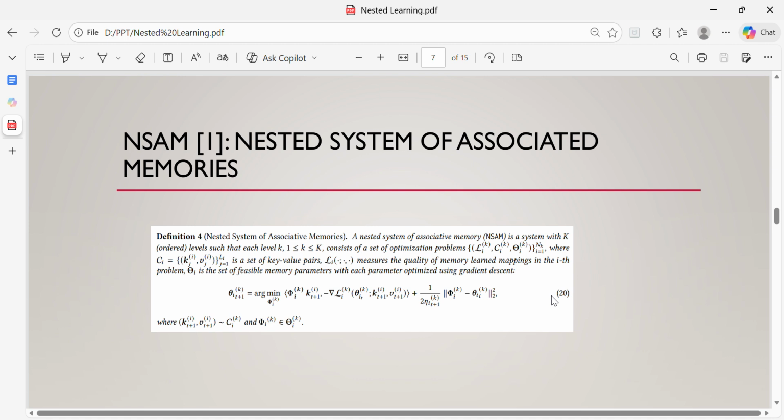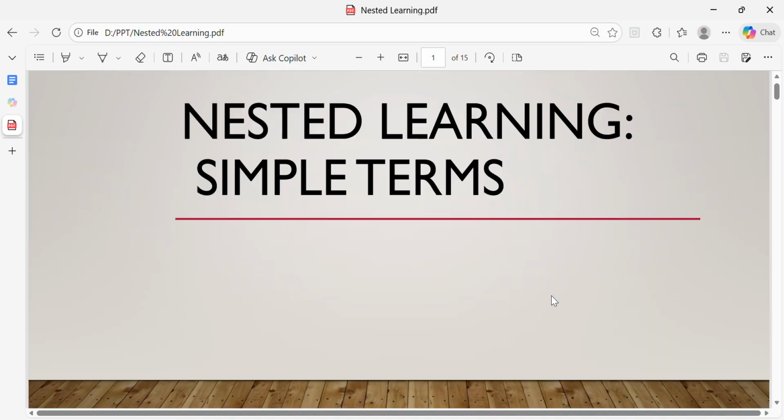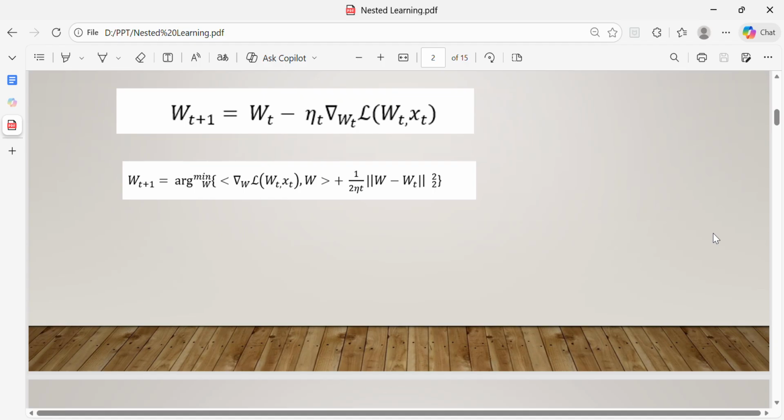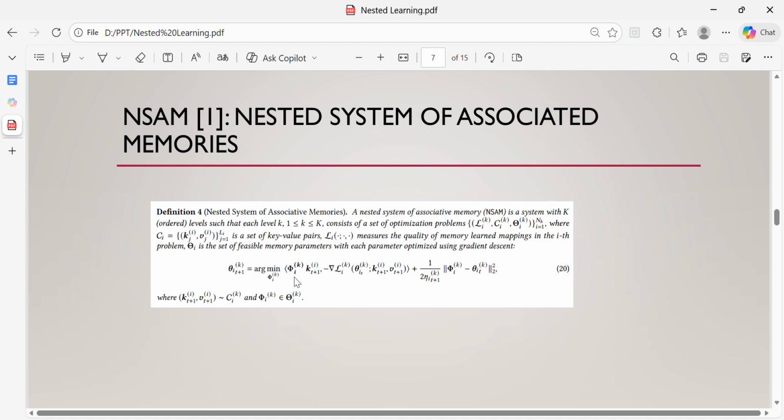That is the parameters. And the update rule is given like this: Theta_i^k at time t+1, here time also comes at the kth level, is equal to the definition that was there. I described it to you before also. It is here. If you see this definition, the second one, 1/(2 eta t) ||W - Wt||^2, and there is the dot product. So here we are going to see Theta, phi_i^k at t+1.